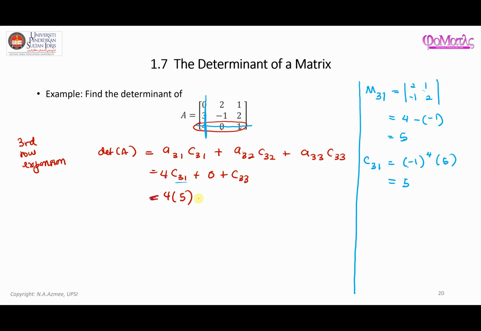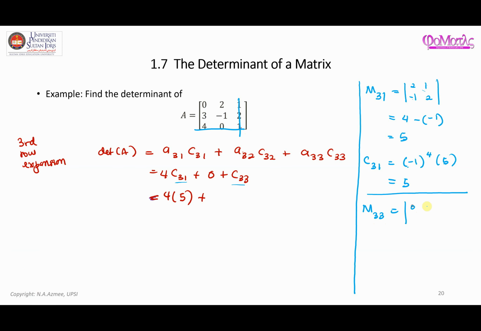Plus, next we need to find the result of C33. And before we can find C33, we need to find the minor of it, M33. For M33, we need to delete the third row and the third column.